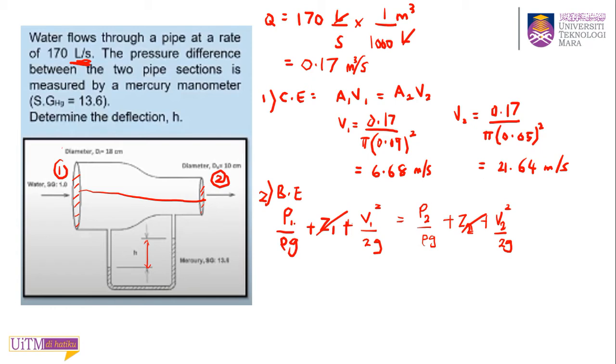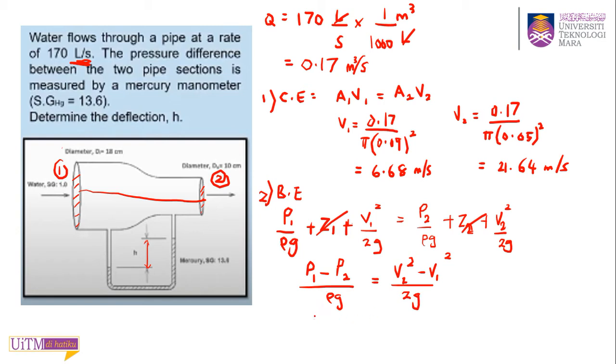And bring your P1 and P2 to one side, because that will be your pressure difference. So P1 minus P2 over rho G will equal V2 squared minus V1 squared over 2G.